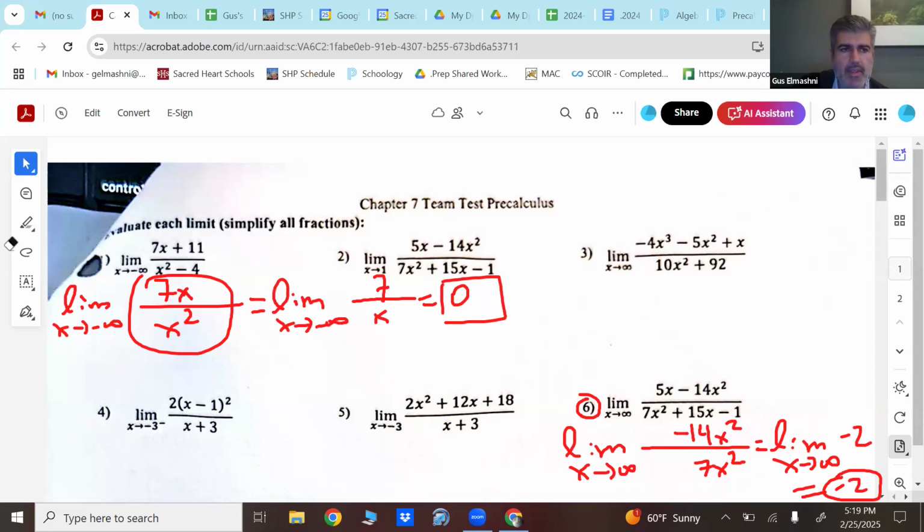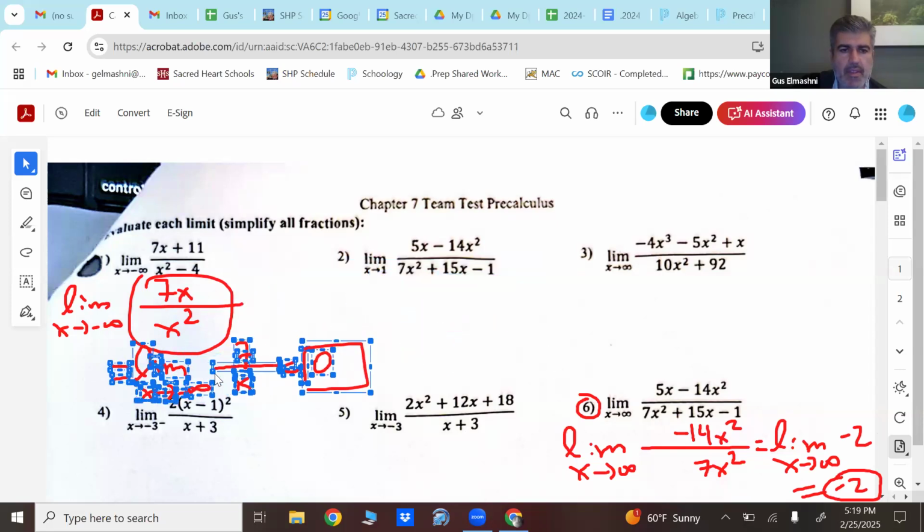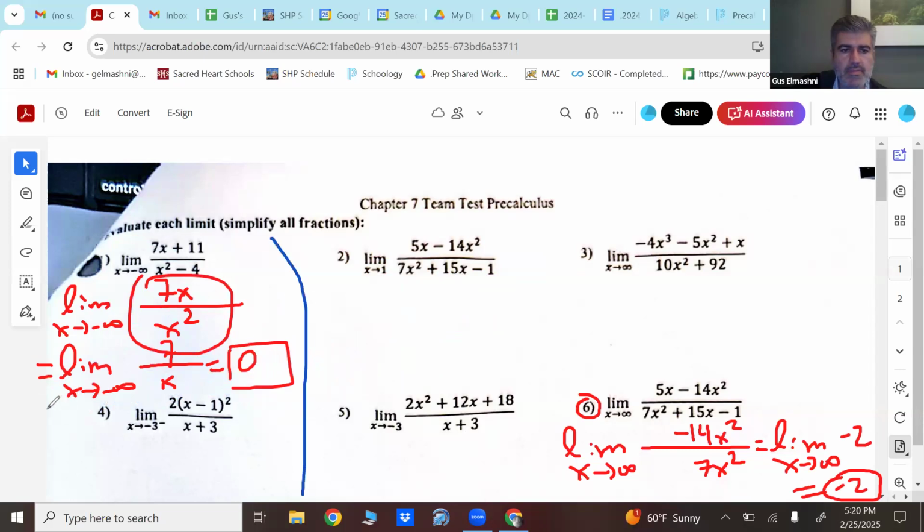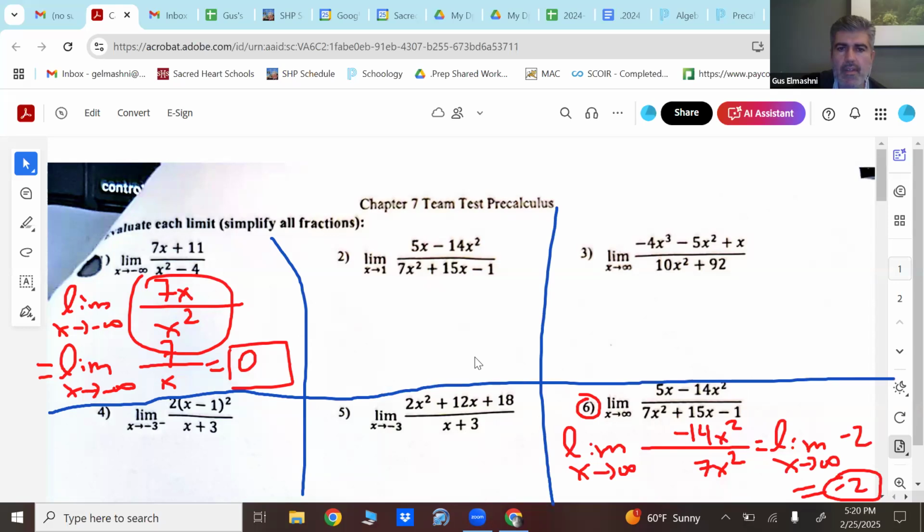Now let's take a look. Okay, so what you want to do for these problems, like for number 2, you can just plug in 1, and that's fine. Sometimes substitution is okay.